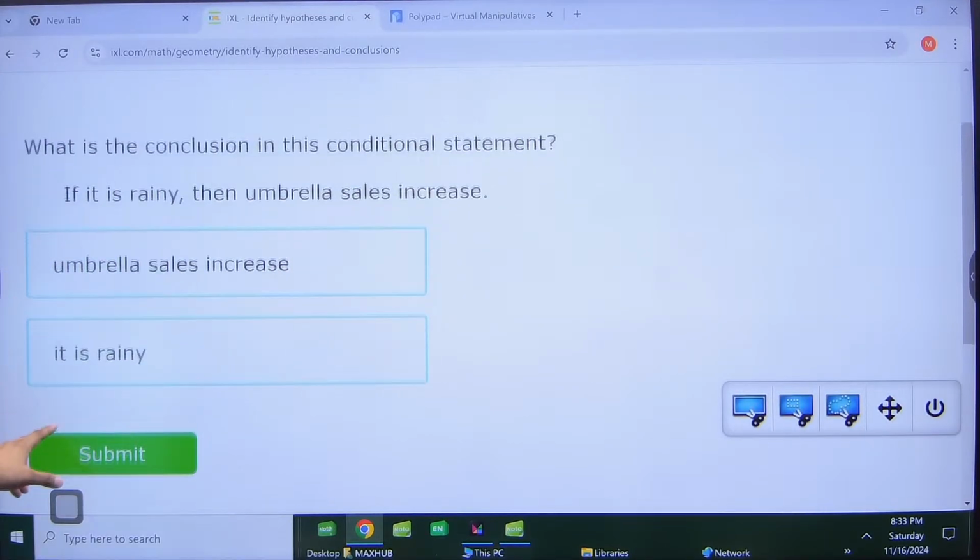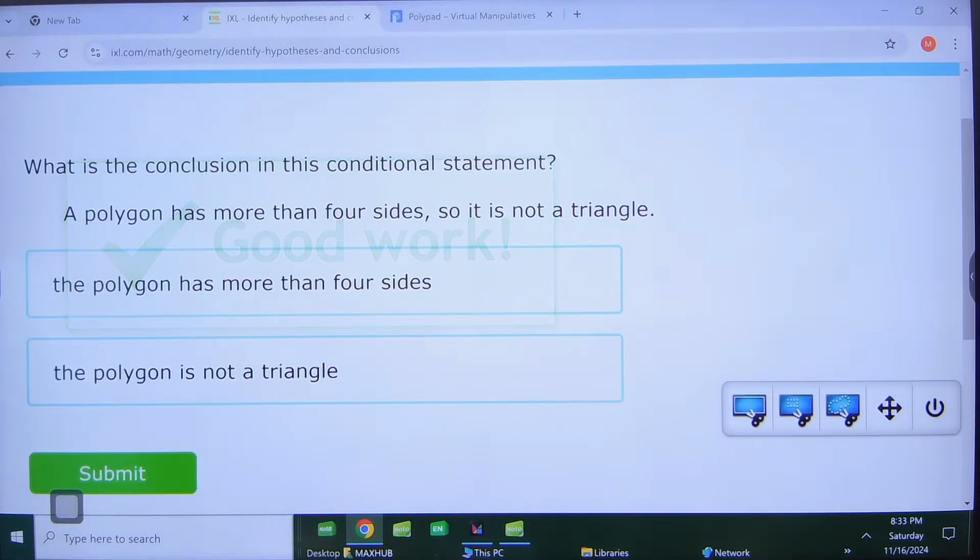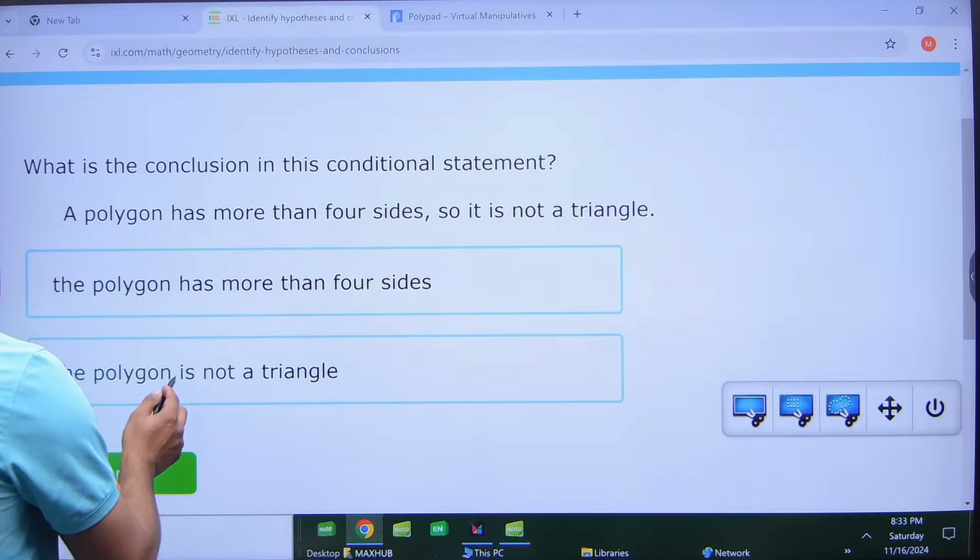Okay. What is the conclusion in this? It's easy. Then umbrella sales increase. What is the conclusion in this statement? It's not a triangle. Okay. So it is not a triangle.